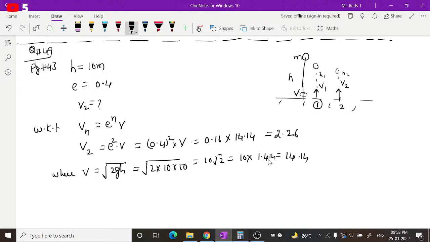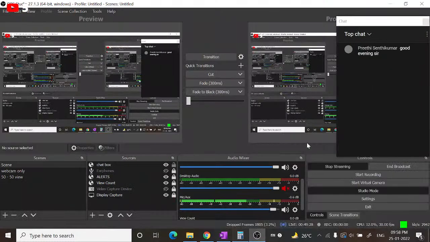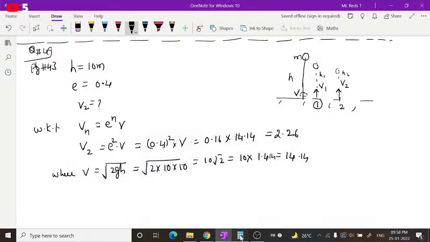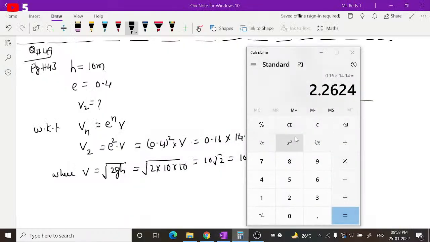If you take it as only 1.4 instead of 1.414, it may get a little lesser. If you take 0.16 into 14, then you get 2.24. So instead of taking 1.414, if you take only 1.4, you get 2.24.